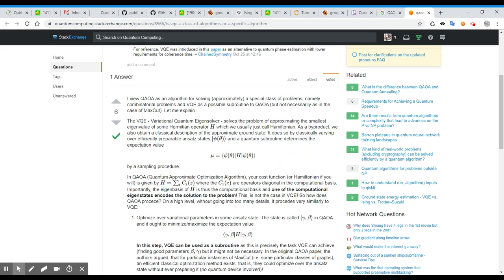In QAOA, the quantum approximate optimization algorithm, your cost function, or Hamiltonian if you will, is given by this, where the C_i Z are operators diagonal in the computational basis. Importantly, the eigenbasis of H is thus the computational basis, and one of the computational eigenstates encodes what?